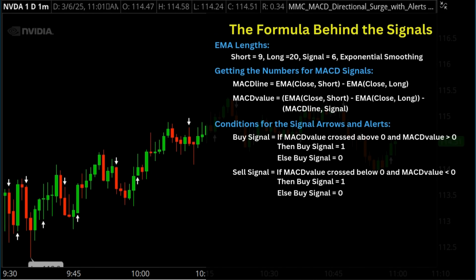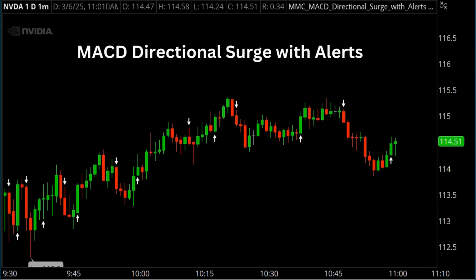This approach helps traders avoid hesitation, focus on meaningful market movement, and respond to price direction with greater clarity. The MACD directional surge with alerts is designed to simplify decision-making in fast-moving markets. It delivers clear signals, customizable alerts, and a trusted momentum calculation built to improve timing and increase trading confidence.